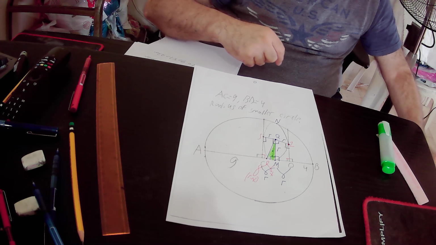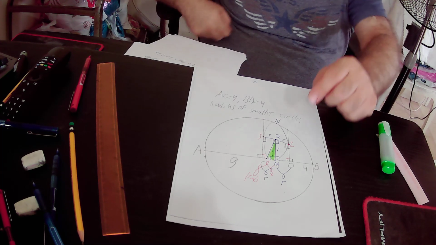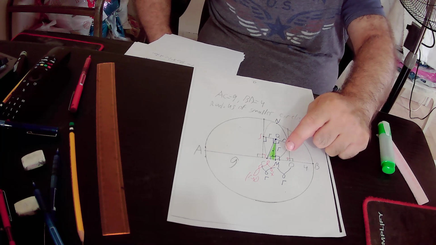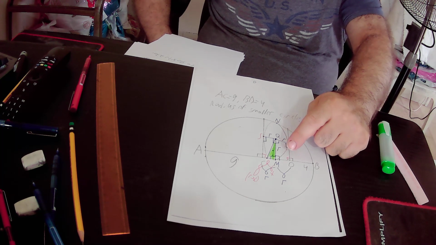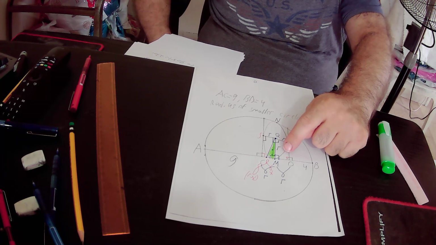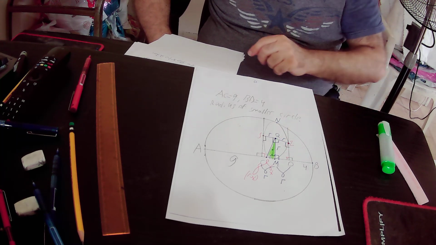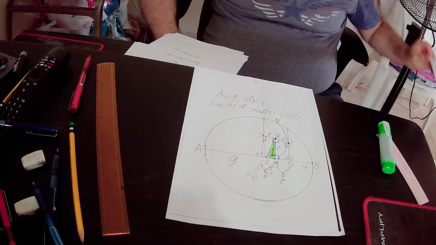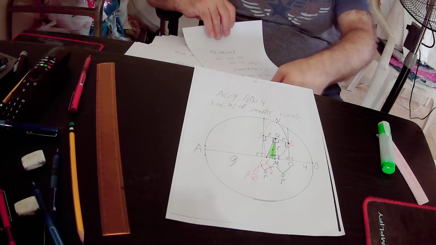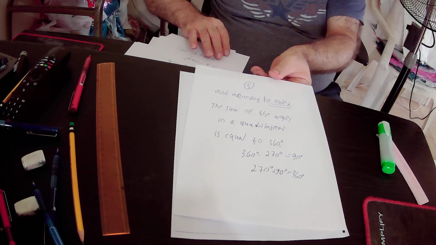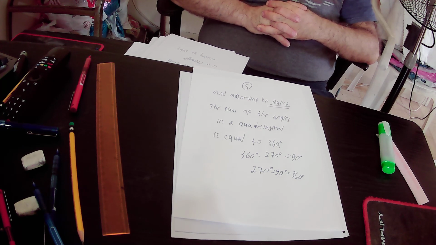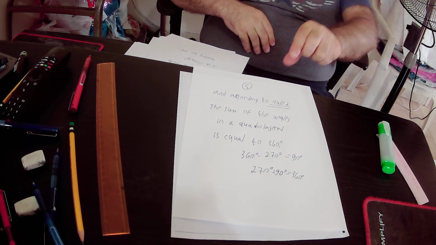Okay, so actually we created here quadrilateral QZMD that has 3 right angles, and the sum of those 3 right angles is 270 degrees. And we have rule number 2 that states that the sum of the angles in any quadrilateral is equal to 360 degrees.